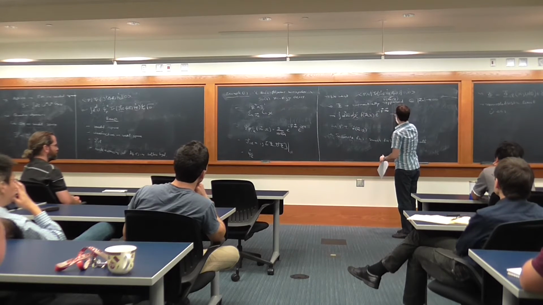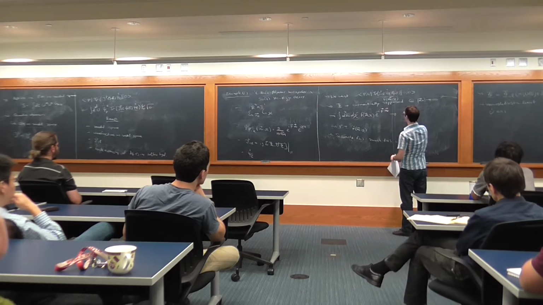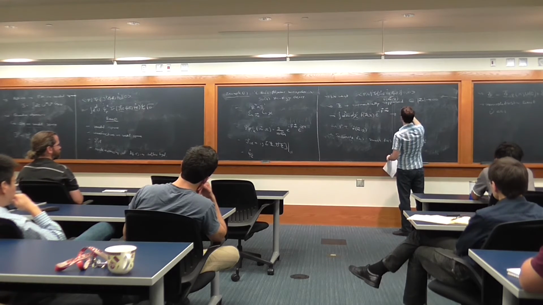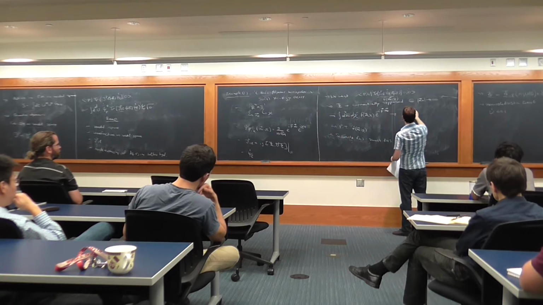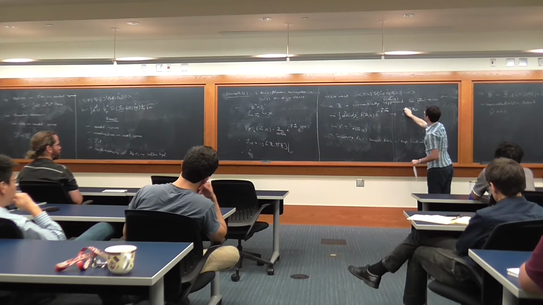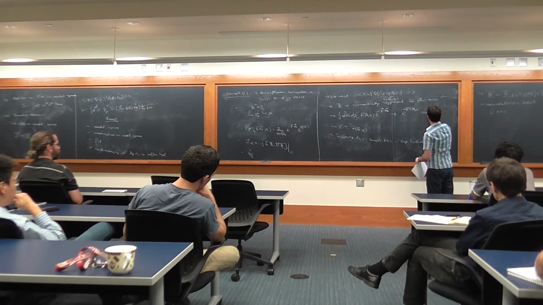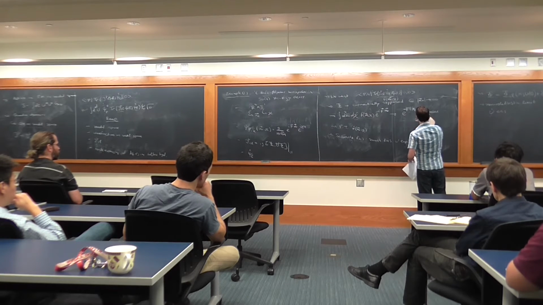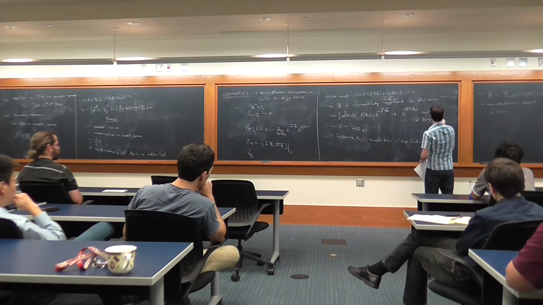Therefore, this integral is going to be proportional to e to the minus p times some scale, and W, broadly speaking, it's going to be exponentially suppressed at large p.